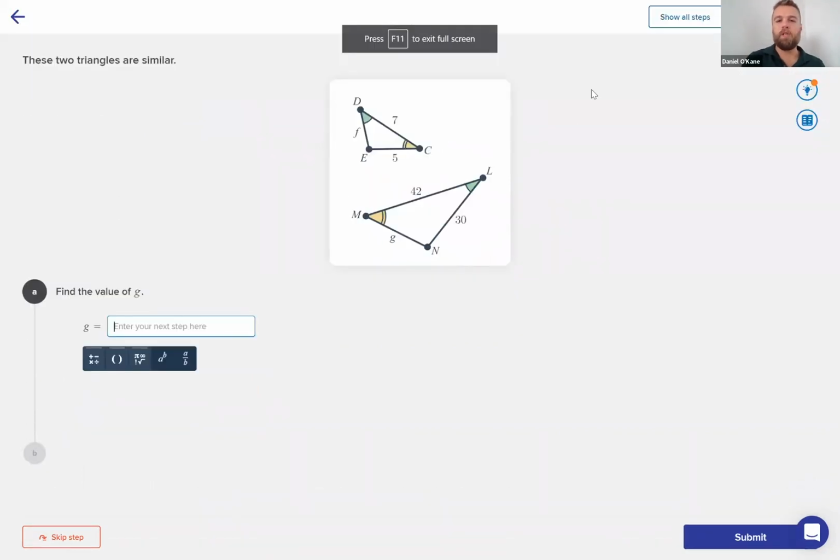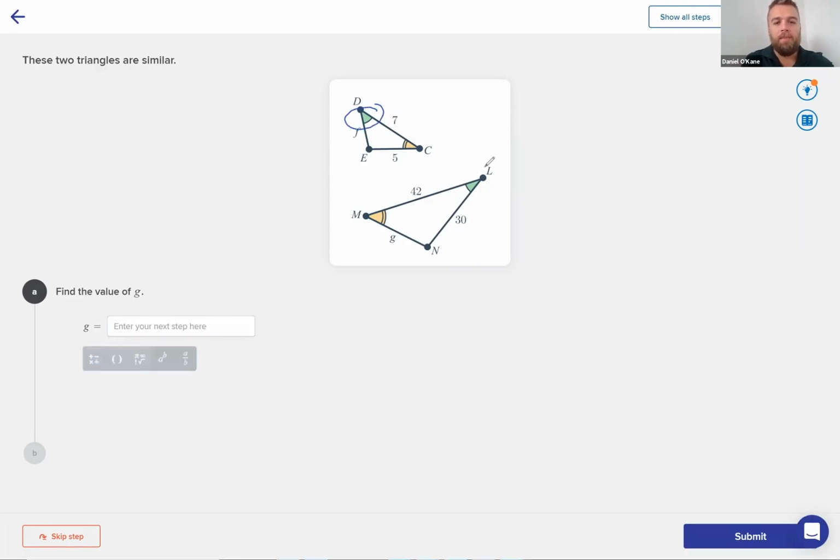Okay, so we're told now these two triangles are similar. So we already know they are similar, and I can see that this angle matches this angle. This angle matches this angle, and because triangles always sum to the same amount, 180 degrees, I know automatically that this angle has to equal this angle.